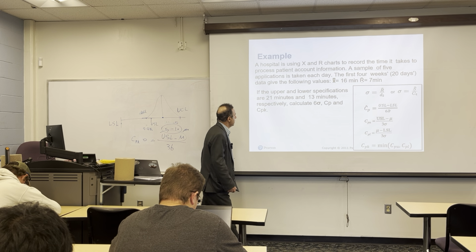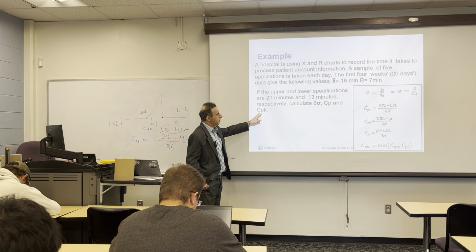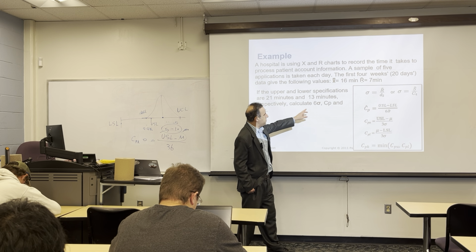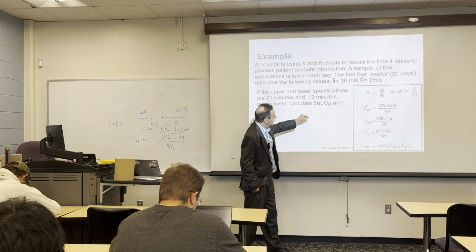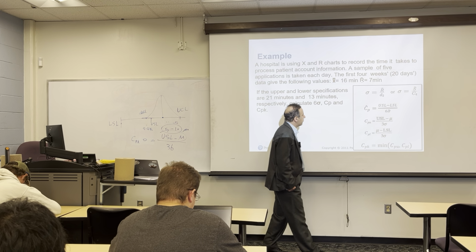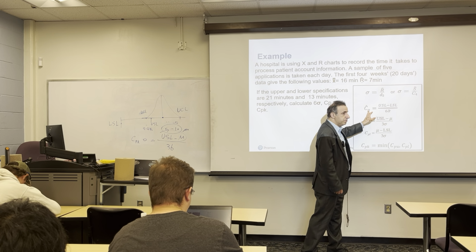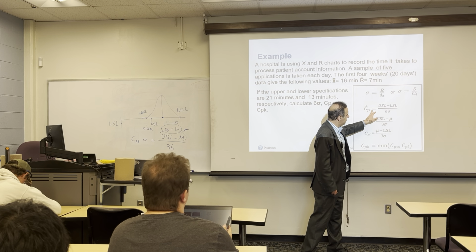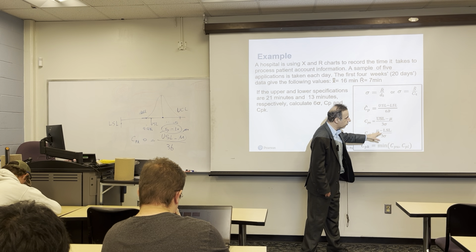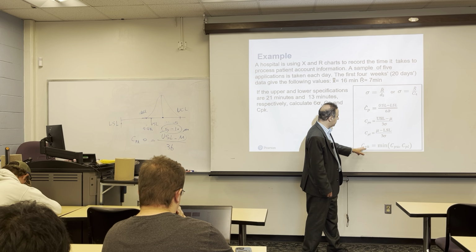We need to find sigma, CP, and CPK. For CP, we need to know sigma. We can use either one based on the information provided, then use that sigma to find CP. Then we calculate these two, and the lower one, the minimum, will be our CPK.